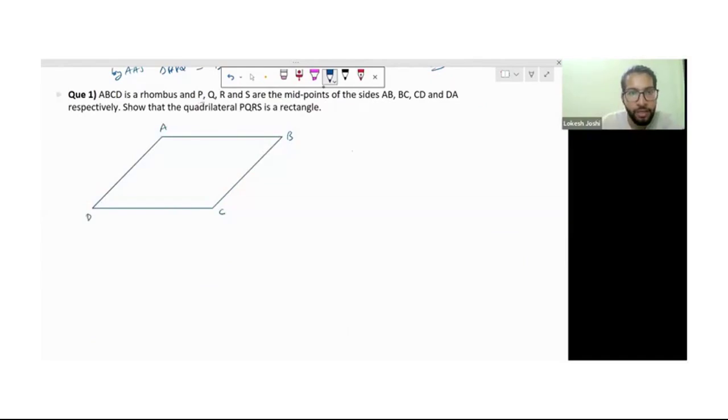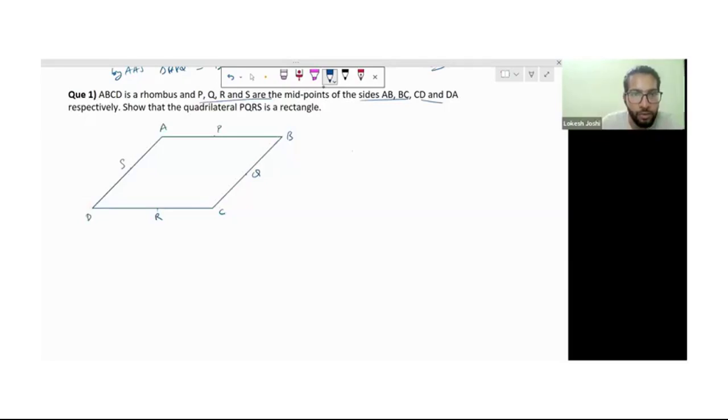After that, P, Q, R, S are the midpoints of the sides AB, BC, CD, and DA. For AB, we have a midpoint P, for BC we have Q, for CD we have R, and for DA we have S.